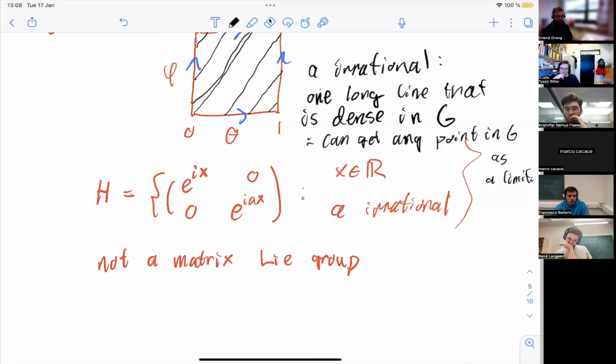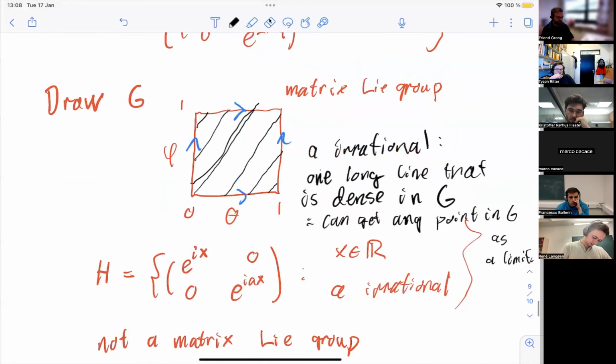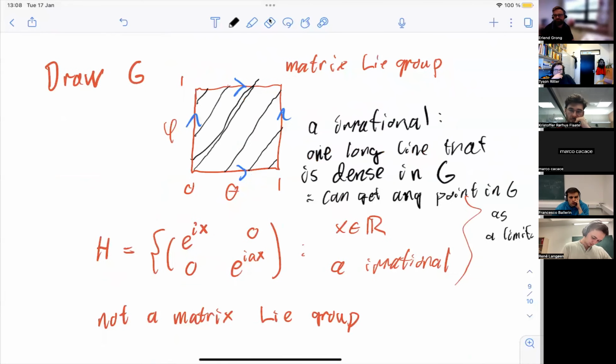The reason why is that, since this is an irrational multiple of x, by just going around enough times, I can approach any combination of theta and phi that I want.